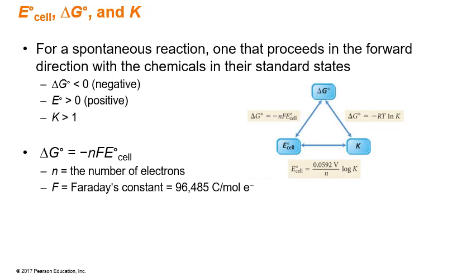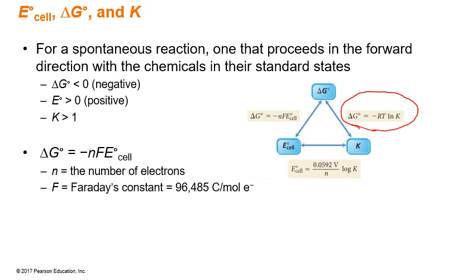If we want to look back at the last chapter, we had a relationship that related Gibbs free energy to our equilibrium constant with the ideal gas constant and temperature.